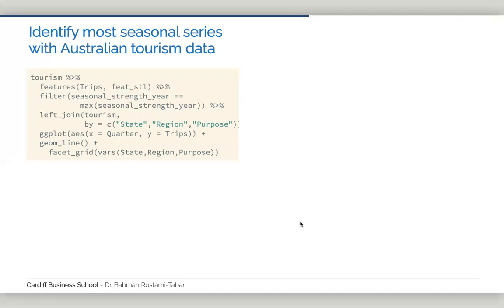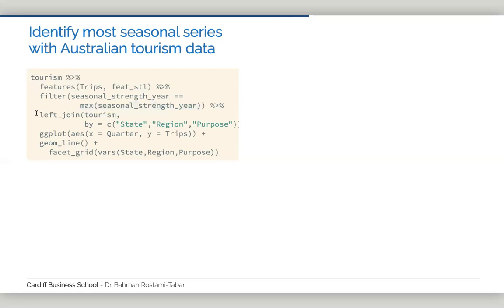You can do any sort of manipulation you want. For example, in this example, you want to identify the most seasonal series with the data set of Australian tourism data. So here what we do is we take the same function as the previous one, and then we filter the seasonal strengths to be equal to the maximum of the seasonal strengths.